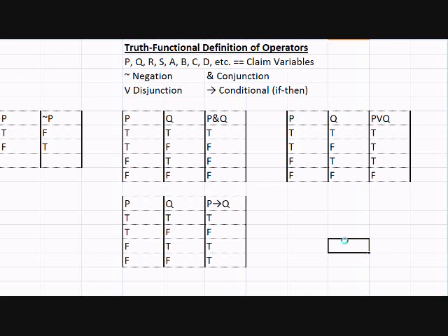You have to understand these in order to do translation, the long method, and the short method. You really need to be completely confident with these truth functional definitions, these tables. In subsequent videos, I'm going to go over the long and short methods.